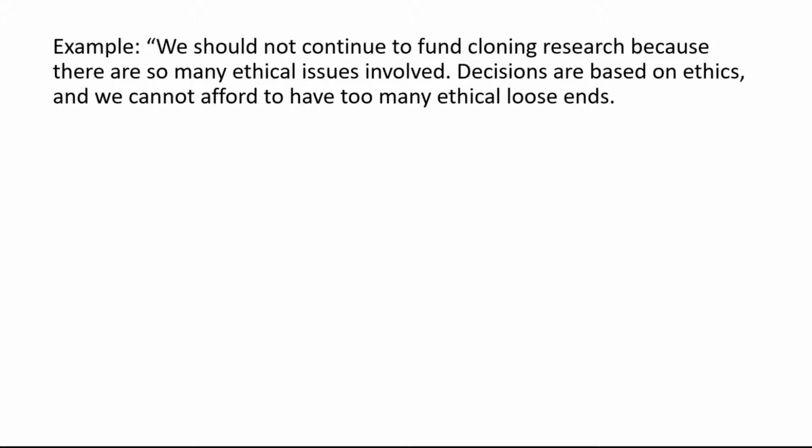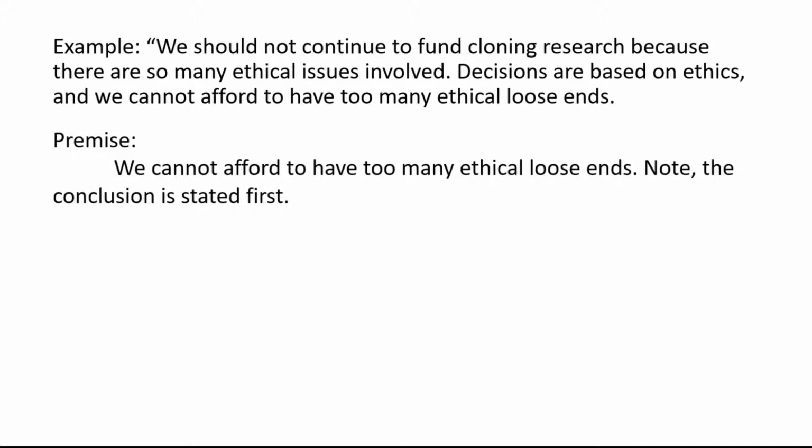Example: we should not continue to fund cloning research because there are so many ethical issues involved. Decisions are based on ethics, and we cannot afford to have too many ethical loose ends. Now let's look at the premise. The premise is we cannot afford to have too many ethical loose ends. Note, the conclusion is stated first.